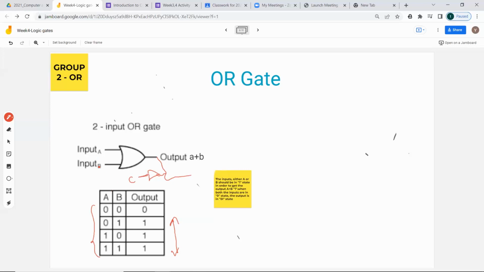For an example, if you have 3 inputs, A, B, and C, then the total number of entries will be 2 to the power 3. That means 2 into 2 into 2. So remember that when you're drawing truth tables, right?